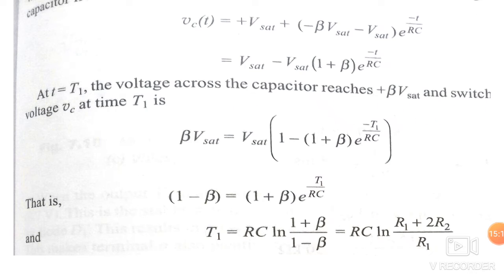So at time t equal to T1, the output of the capacitor is plus beta Vsat, as we have seen, equal to Vsat into 1 minus (1 plus beta) exponential minus T1 by RC, just by this expression. Solving this equation, we get 1 minus beta equal to (1 plus beta) exponential minus T1 by RC.